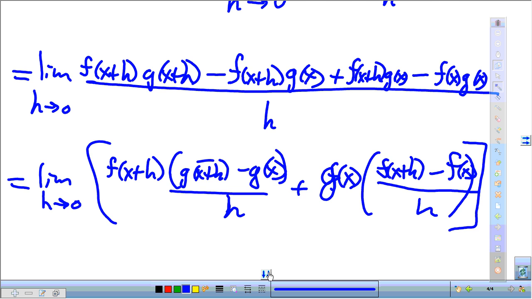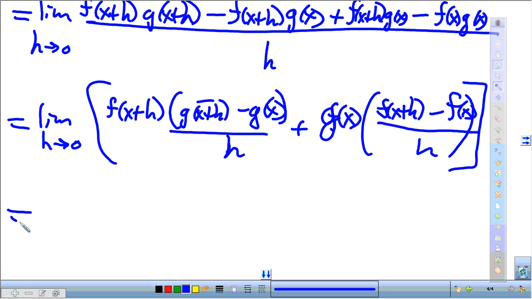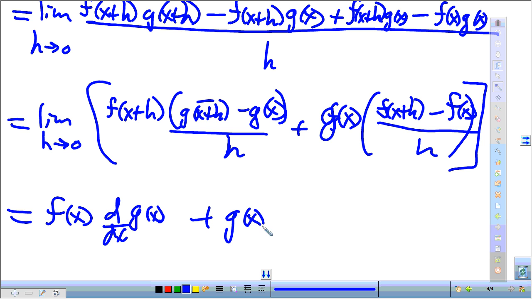So now if I look at this limit, f of x plus h, if h goes to 0, that's just going to be f of x. The difference in g over h, oh, that's just the derivative of g. And in the next thing, g of x not affected by h, so it becomes g of x, and the other part is the derivative of f.